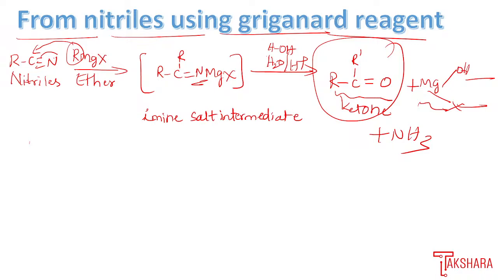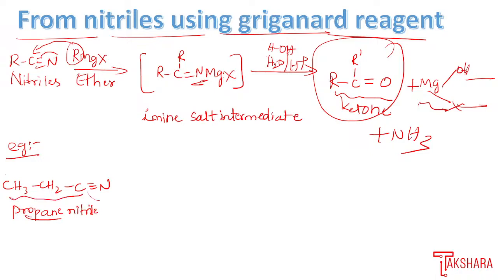In place of R, let us consider CH3CH2C triple bond N, which is called propane nitrile. Here this is propane and this group is called nitrile. Propane nitrile is treated with a Grignard reagent.